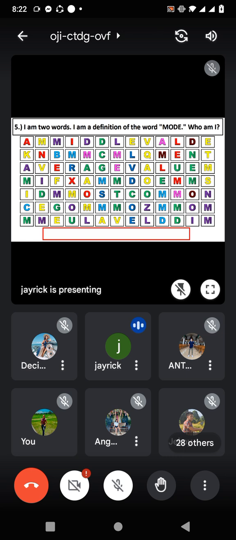According to Sir Raymond Dalvez, the answer is most common. Now, to prove that you have seen these words, what color does each of the letters of the words most common have? Now send your answer.